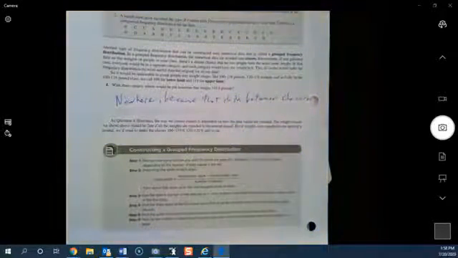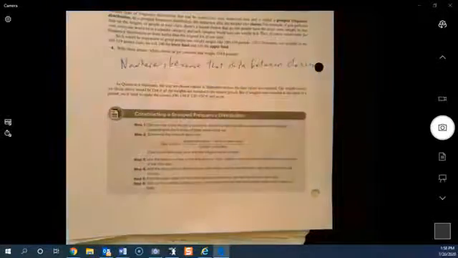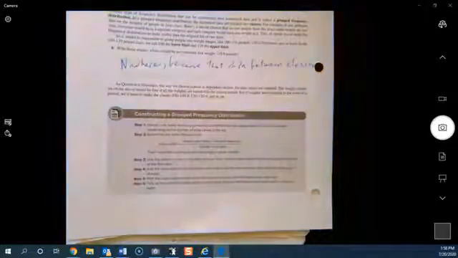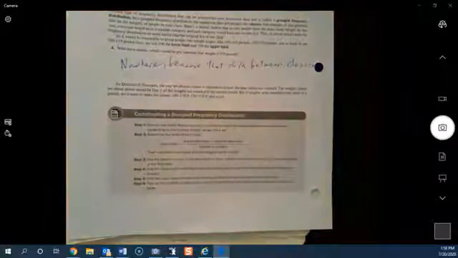Now it says constructing a group frequency distribution. Now this is very important, especially when you're making your note sheet. So it says here, decide how many classes you want to divide the data into. Between 5 and 15 is acceptable. So we want the data to be divided into no fewer than 5 classes, but no more than 15. All right, now determine the width of the class.